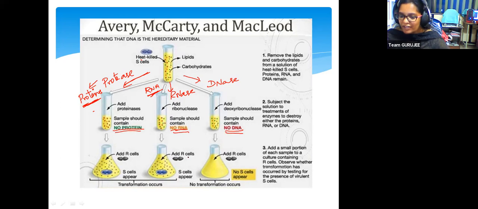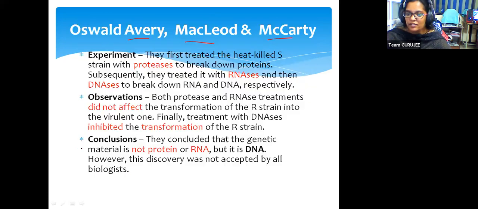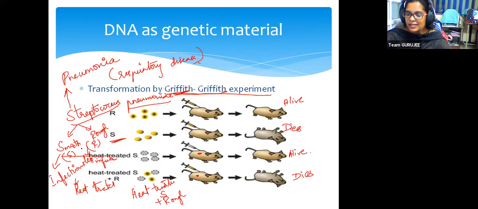After that, they added R cells. R cells are rough cells. We saw them before in the Griffith experiment: R cells are rough cells and S cells are smooth cells.